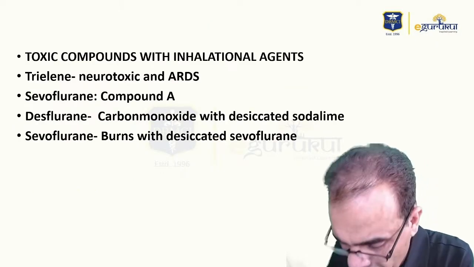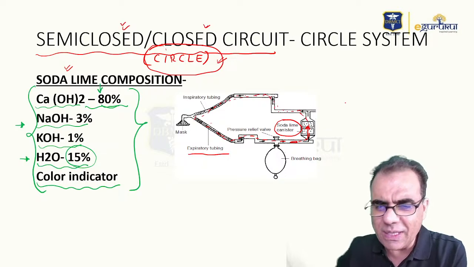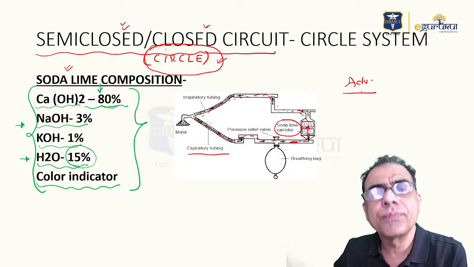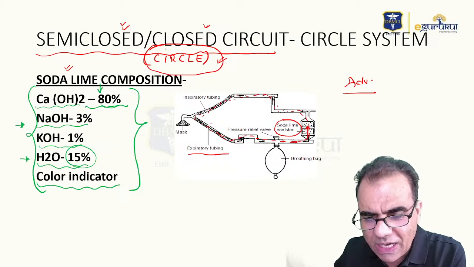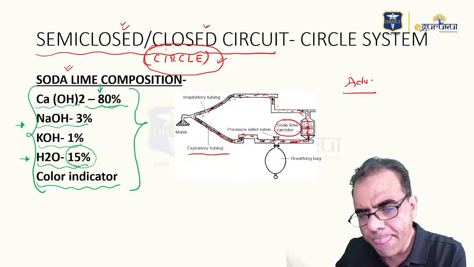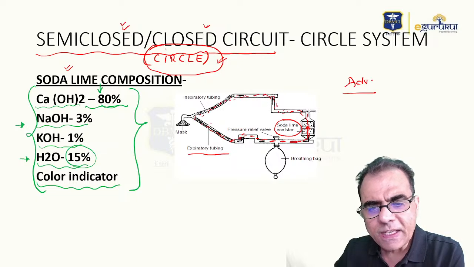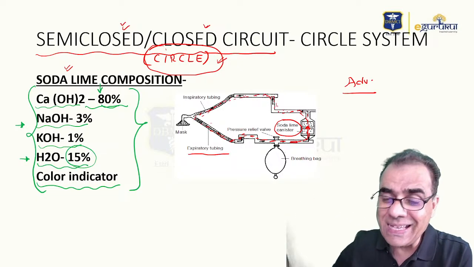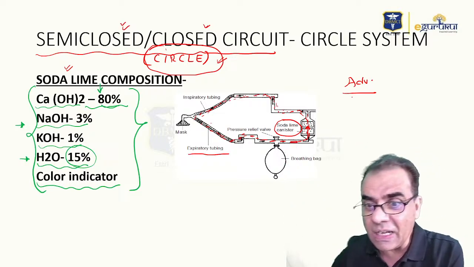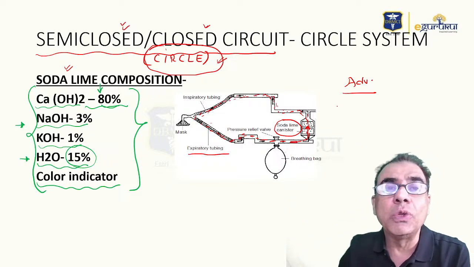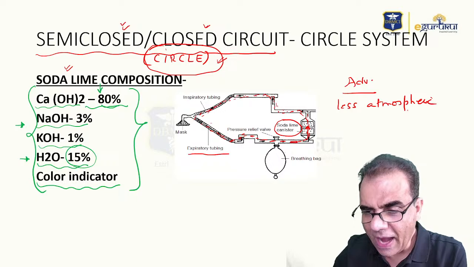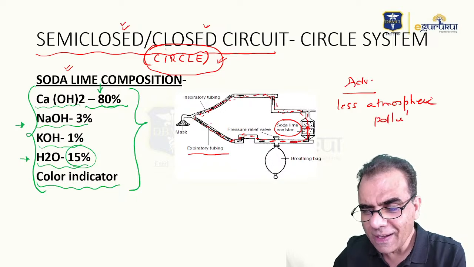Now, if I ask you what is the main advantage of this circle system? The same gases are being reused, which means fewer gases are entering the atmosphere, so less atmospheric pollution.